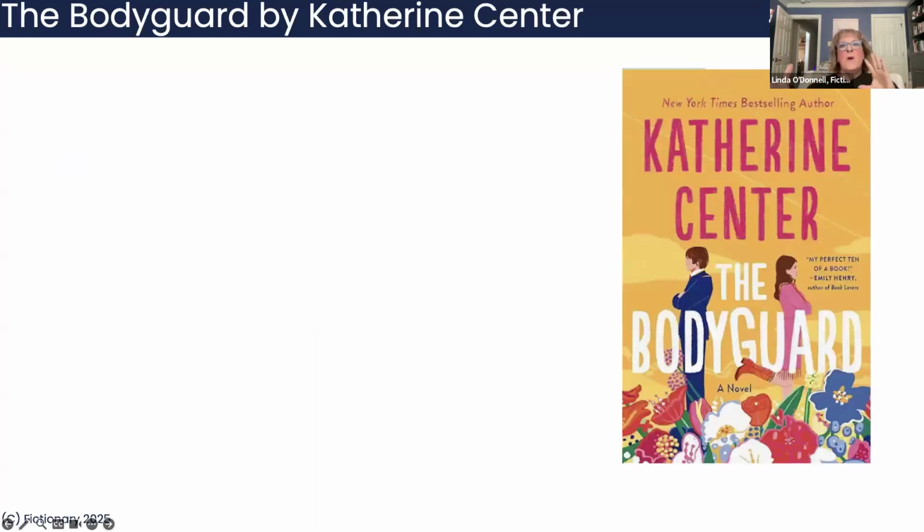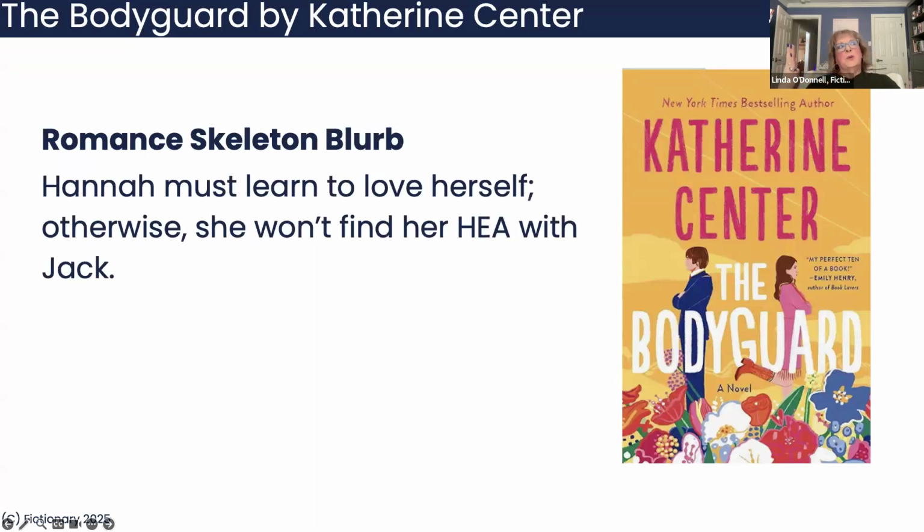So here's a book that I wanted to show you how to create the skeleton blurbs. In this book, Hannah is a bodyguard. So it's an interesting take on a traditionally male role, and they've done a little flip on it. She's this little bitty person, but she knows how to protect herself, and she's very strategic. So she makes a really good bodyguard, but she has got some issues.